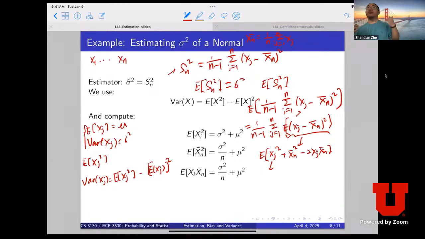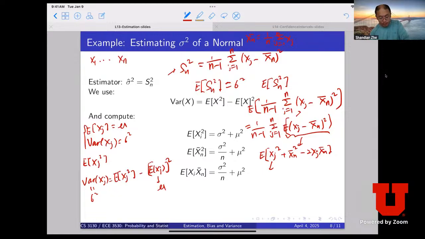Remember, I have two definitions. One is that you take the expectation of the square of the difference between x and its expectation. But you can also use another one: you subtract the square of the expectation from the expectation of the square. So we know this is sigma square, and this is mu.